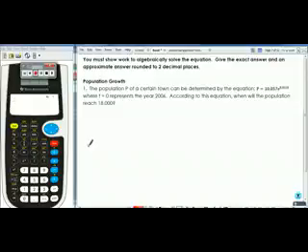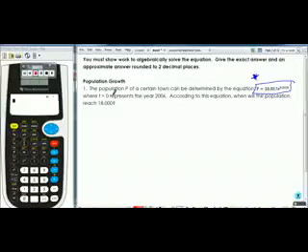Alright, population problem, where here we have a population of a certain town can be determined by the equation P equals 10,057 times e raised to the 0.013t. Yay, they gave us an equation, we will use it.